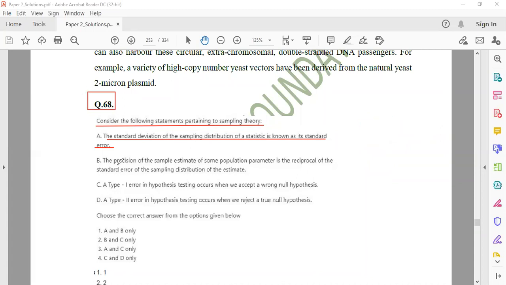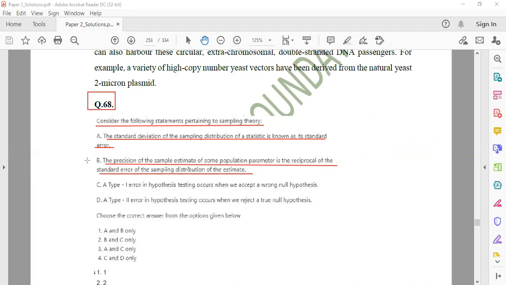It is saying that the precision of the sample estimate of some population parameter is the reciprocal of the standard error of the sampling distribution of the estimate, right?